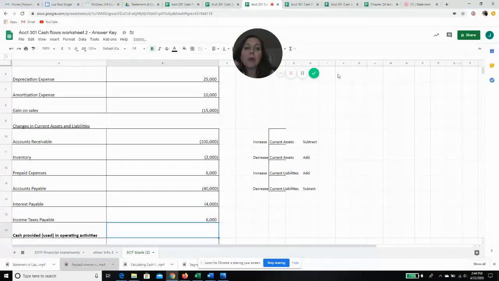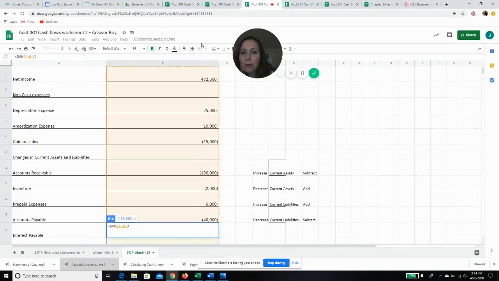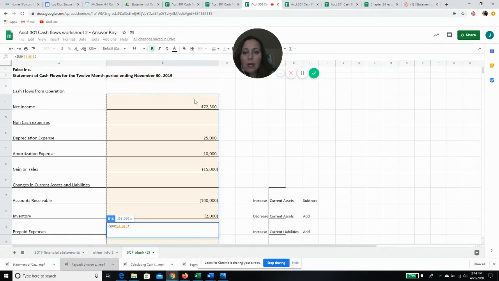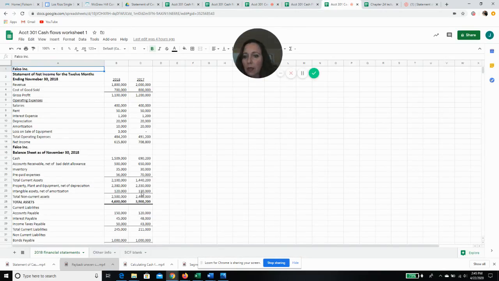All right, now I'm going to add everything up, starting with net income, to get my cash flows from operating activities, which is $358,500. And it's positive, which is awesome. But if you remember, last year my cash flows from operations were like 800 something thousand. Let me see if I can find those easily enough.